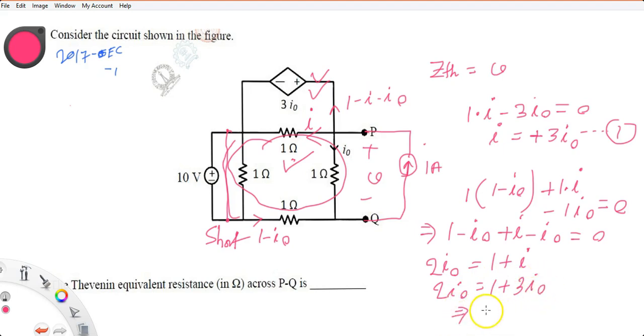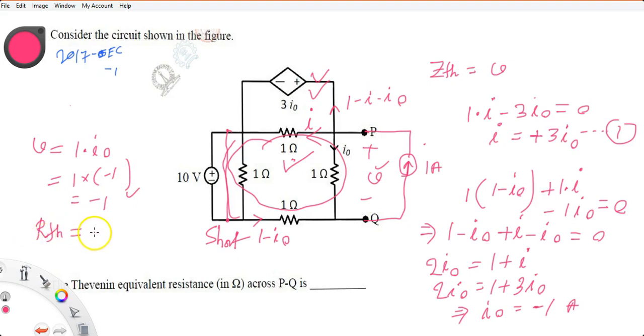It gives you I0 is equal to minus 1 ampere. So now find the V. V you will get 1 into I0, which is 1 into minus 1, which is minus 1. That means your RTH is numerically equal to V, which is minus 1 ohm.